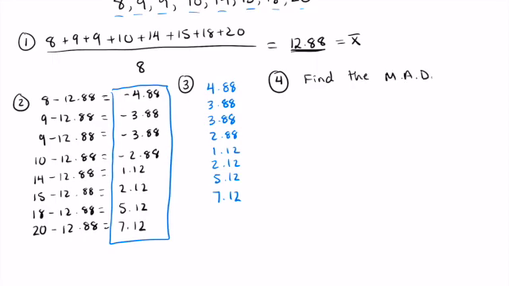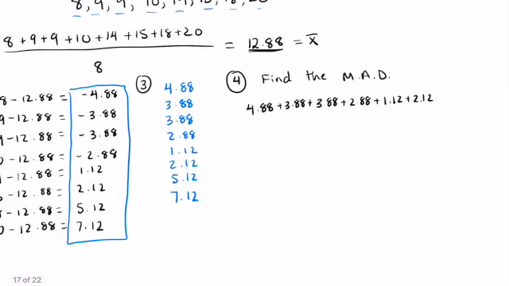Really, the mean absolute deviation. So I'm going to take each one of those numbers, 4.88 plus 3.88 plus 3.88 plus 2.88 plus 1.12 plus 2.12 plus 5.12 plus 7.12. We're going to divide all of that by 8, and bear with me because I'm doing this on my calculator as well.